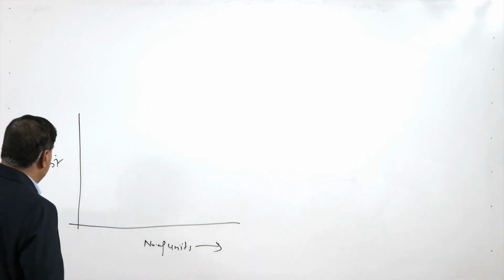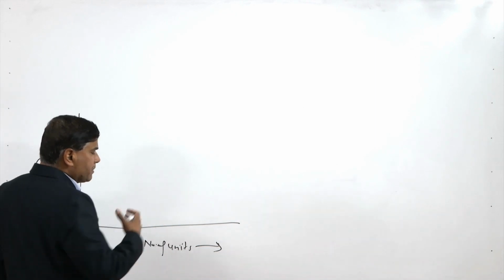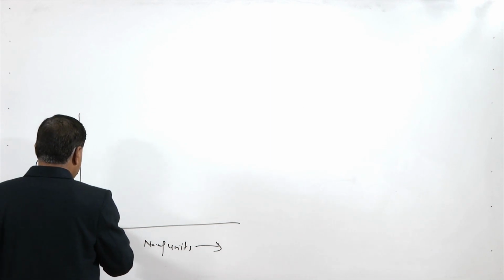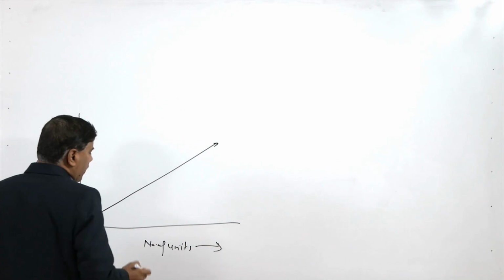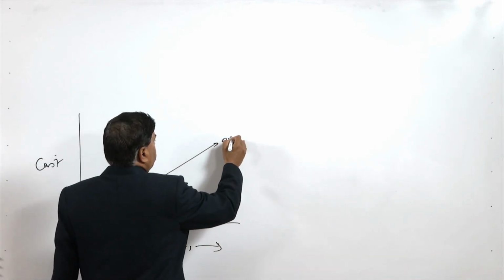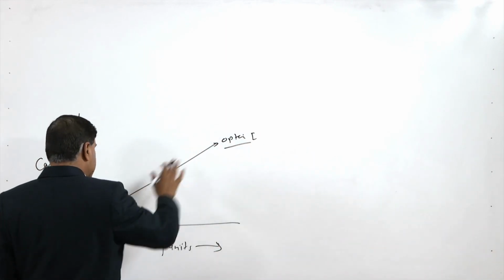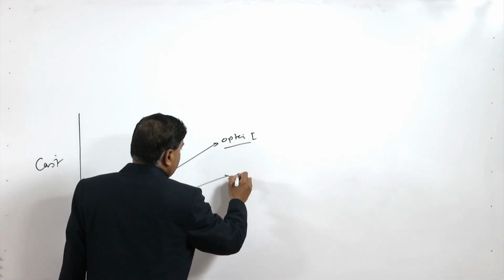So, we know that variable cost directly changes with the number of units to be produced, and it always goes linearly like this. It is possible that for option 1 the linear cost is increasing at this rate, and for option 2 it may increase at this rate.